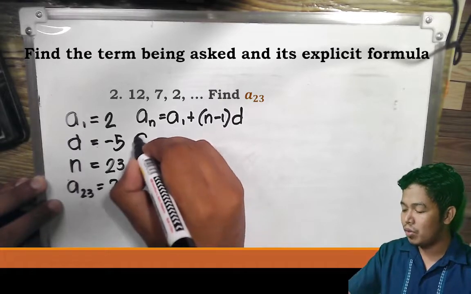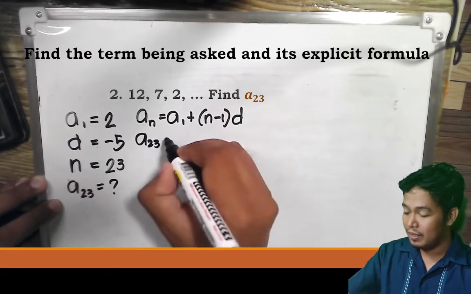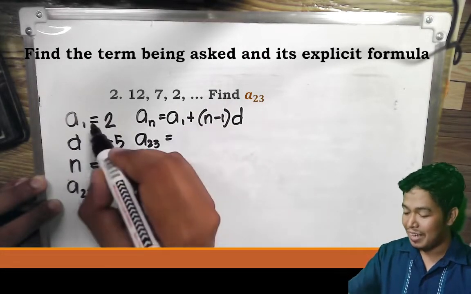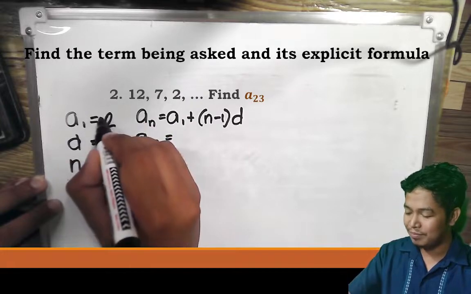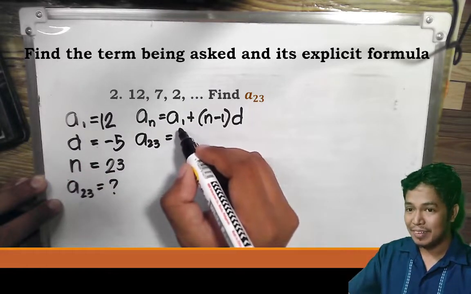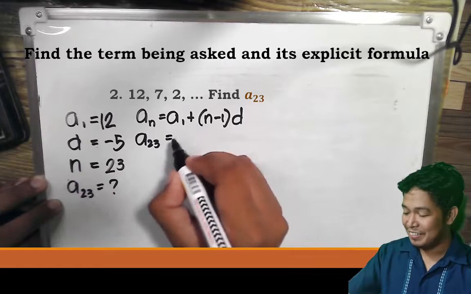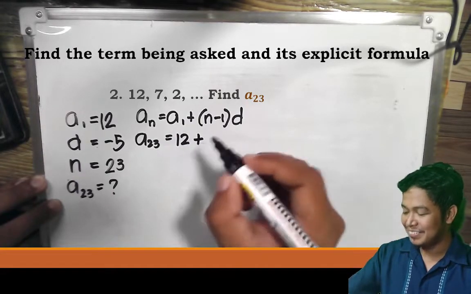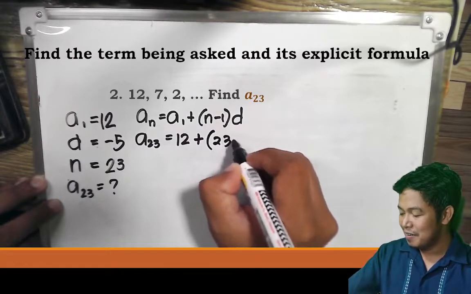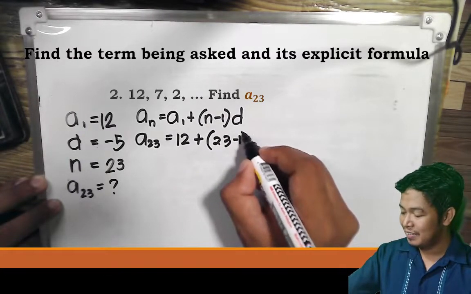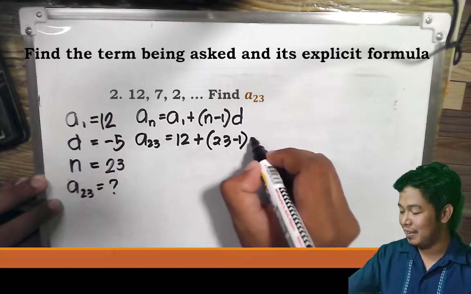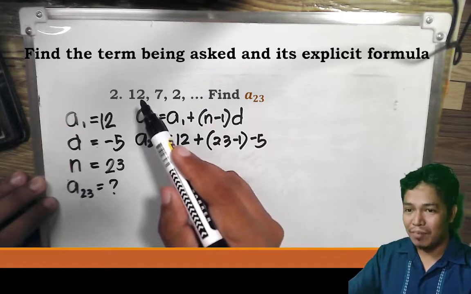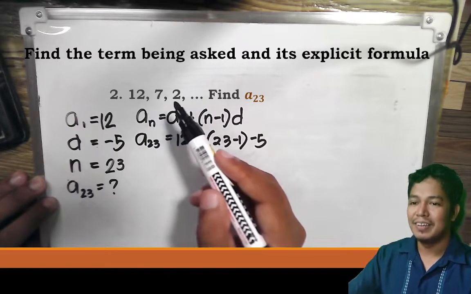So a sub 23 is equal to, our first term is 12, plus 23 minus 1 times the common difference, negative 5. Pardon, our first term is 12, the second is 7, and the third is 2.